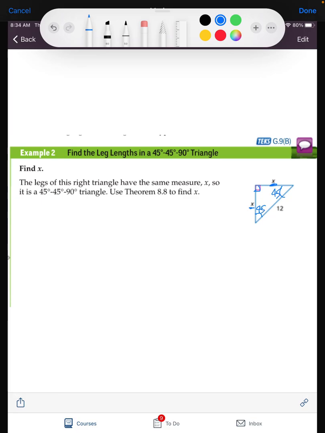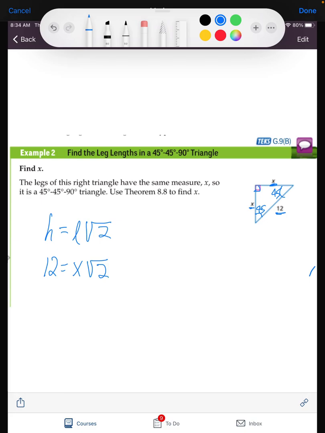So we have a 45, 45, 90 triangle, and we know that h equals L square root of 2, and this time we have h. h is 12, and our L is x this time. So 12 equals x square root of 2.